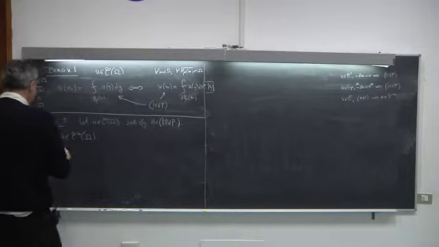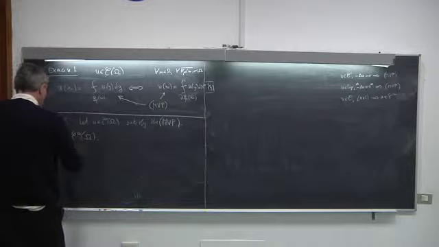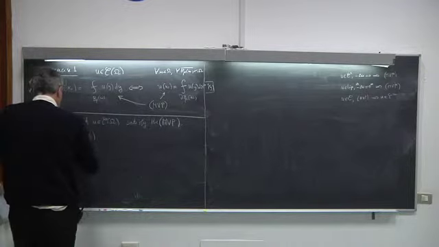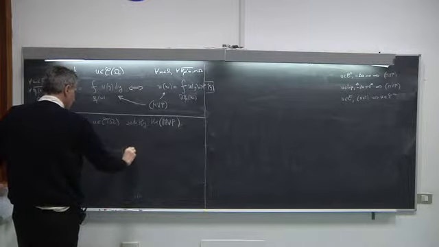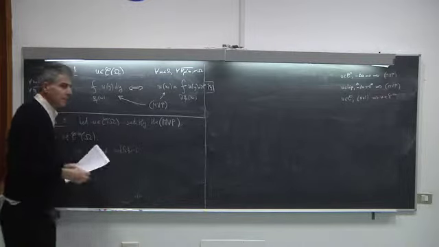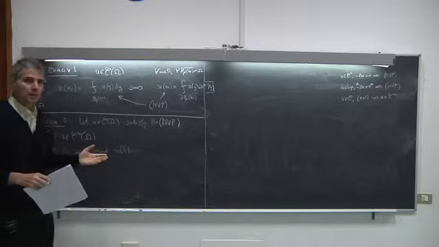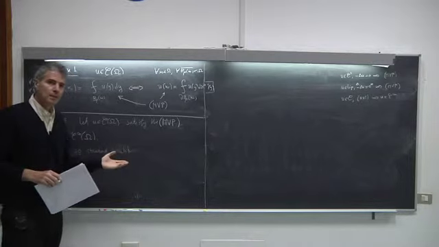So let us choose, let me denote it by eta epsilon, standard mollifiers. What does it mean, standard? It means that they are radially symmetric.